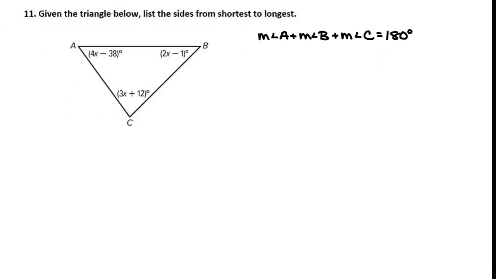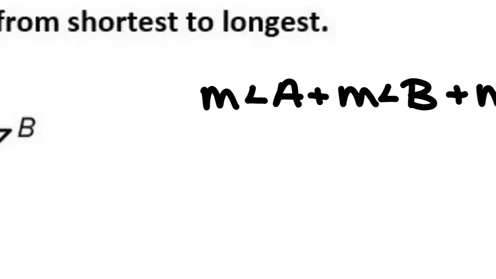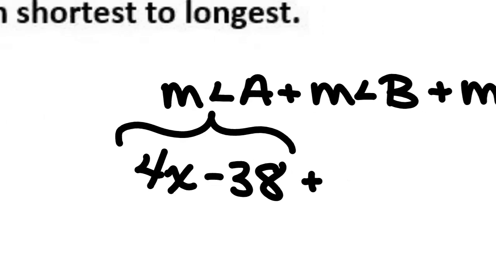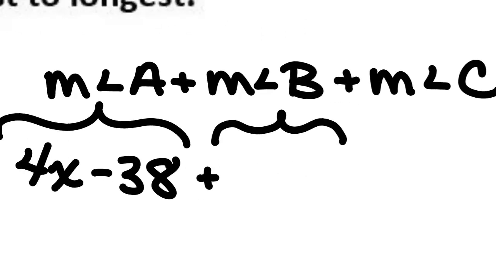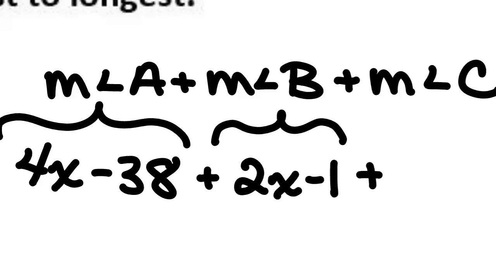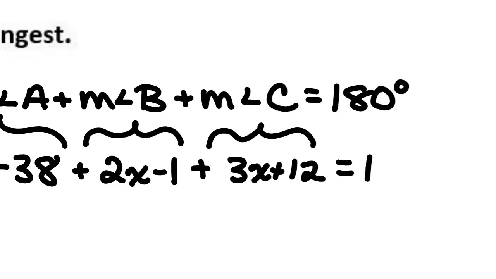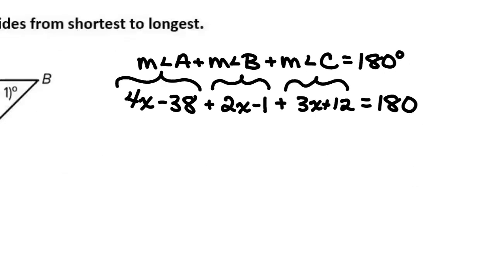Well, how big is angle A? 4x minus 38. How big is angle B? 2x minus 1. And angle C? 3x plus 12. So all of those have to add up to 180.